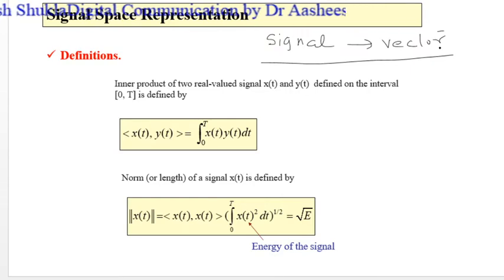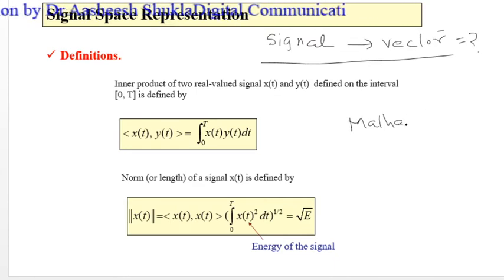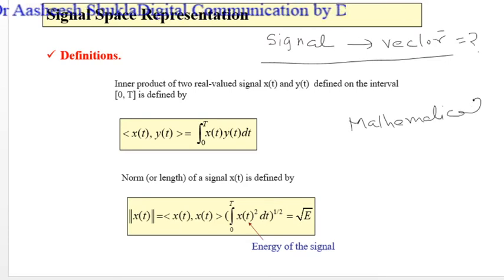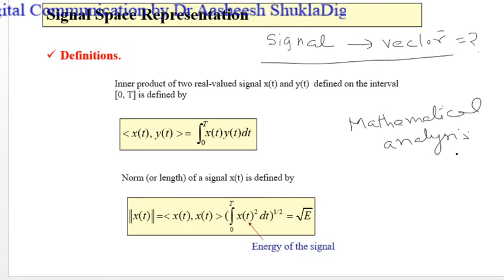Now the question is why we want to represent our signal in the form of a vector. If we do some mathematical analysis of certain concepts, then it may be helpful to represent our signal s(t) as a vector.